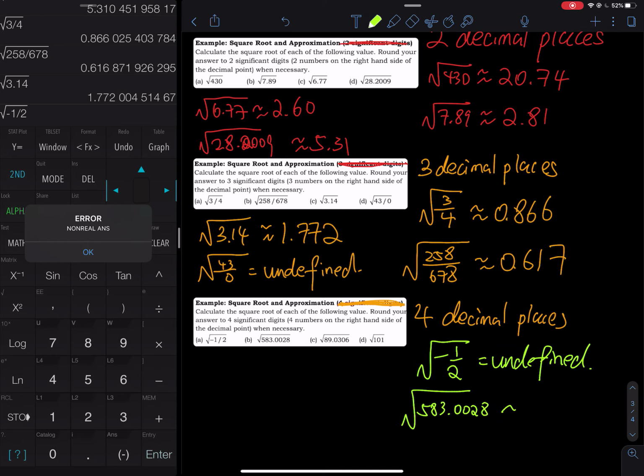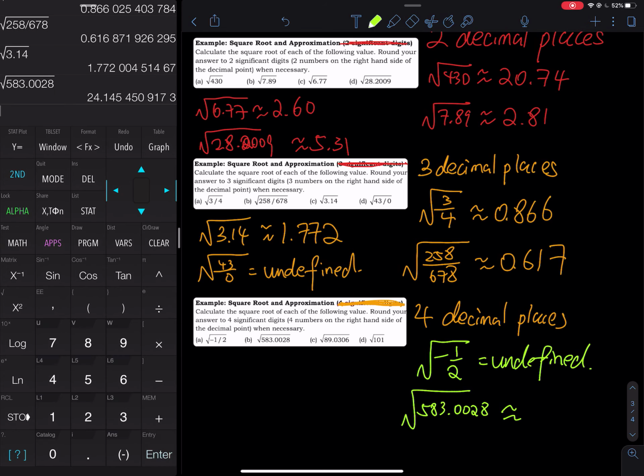And then the square root of 583.0028. So that is around 24.145. And then add 1 to the 4, then that will be a 5.